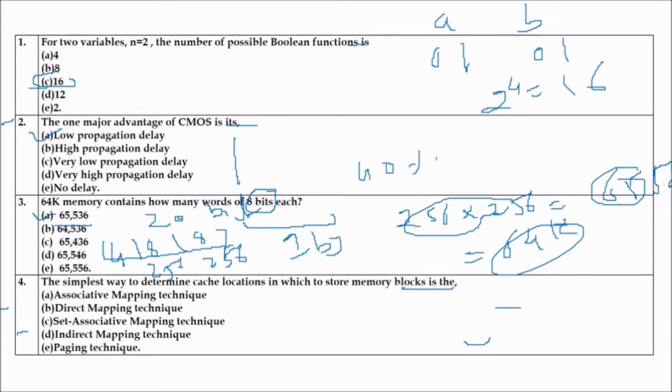The answer here is B, direct mapping technique. Why? Because associative memories are expensive compared to random access memories because of the added logic associated with each cell. So therefore, the simplest way to determine cache locations in which to store memory blocks is the direct mapping technique, right?